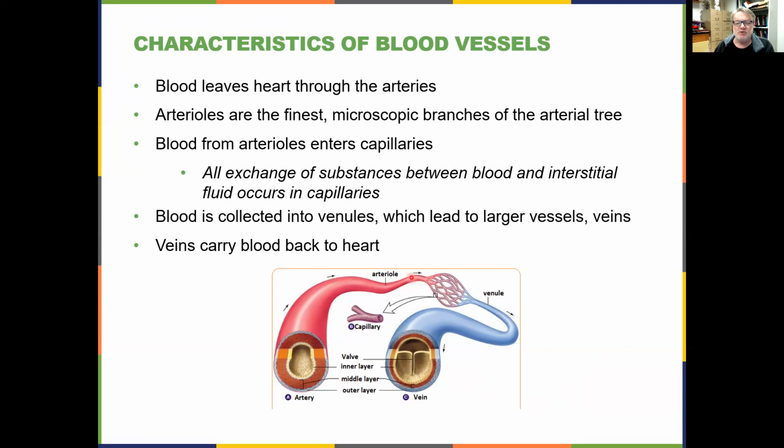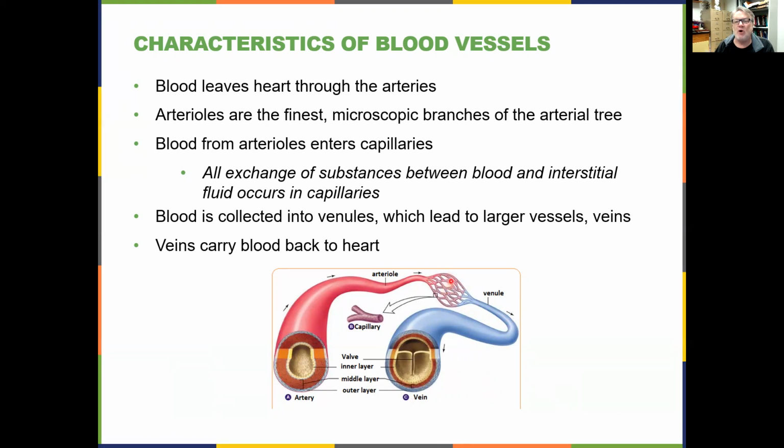And in between arteries and veins, remember, in a closed circulatory system, the blood cells themselves do not actually leave the circulation. So we branch into very thin-walled blood vessels called the capillaries.